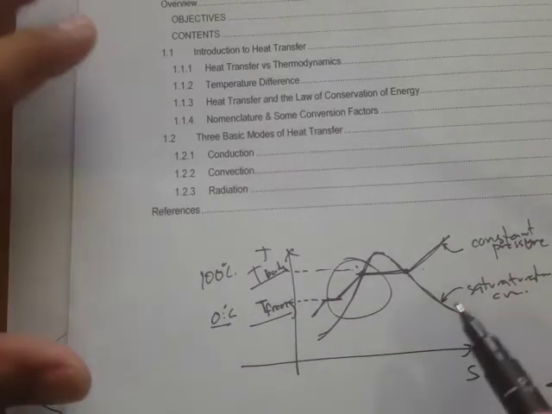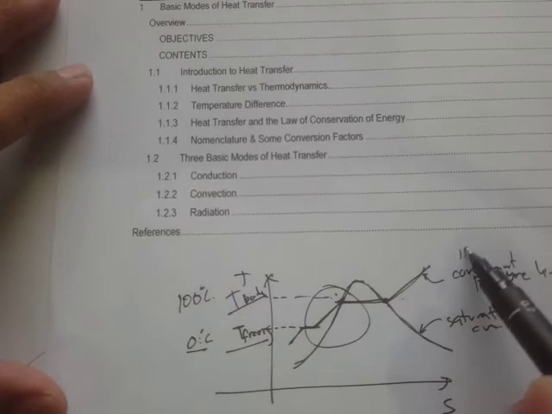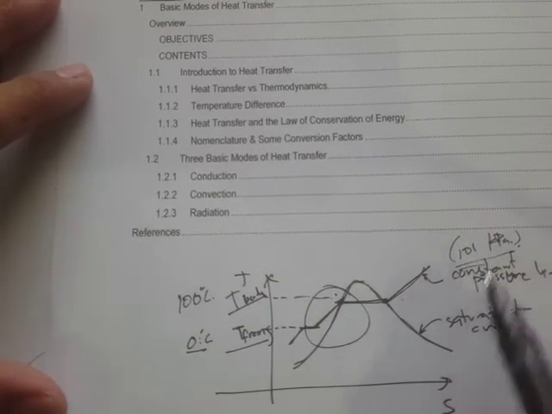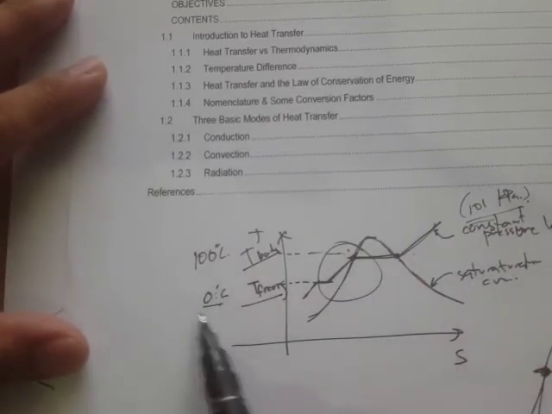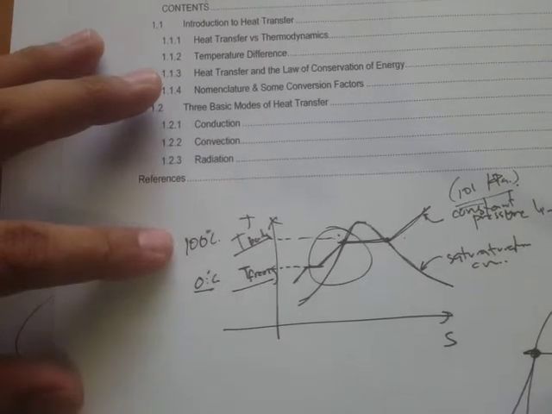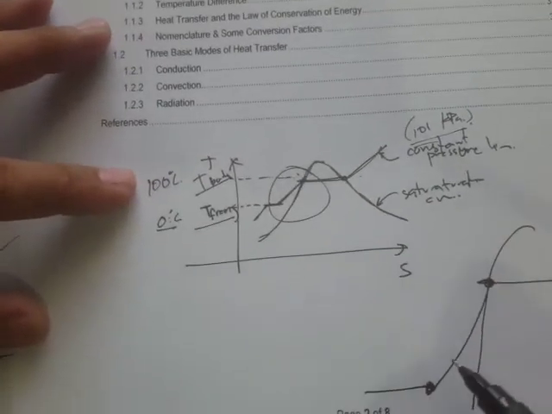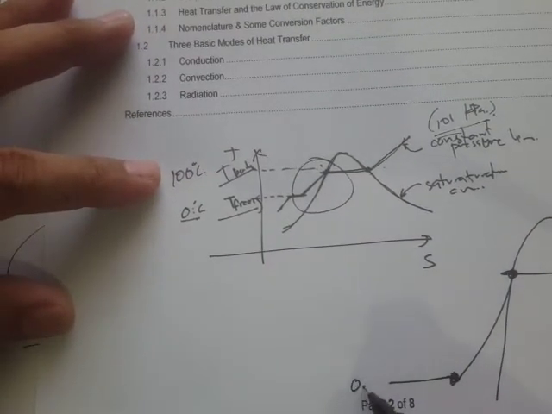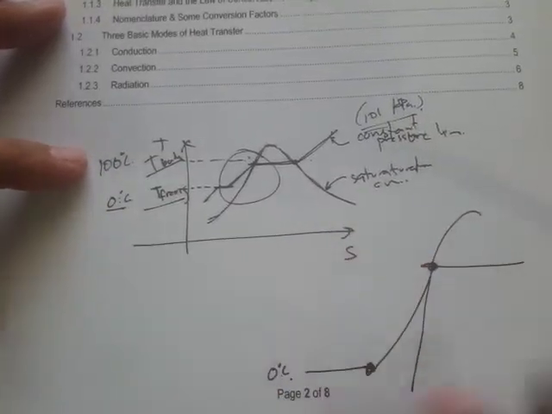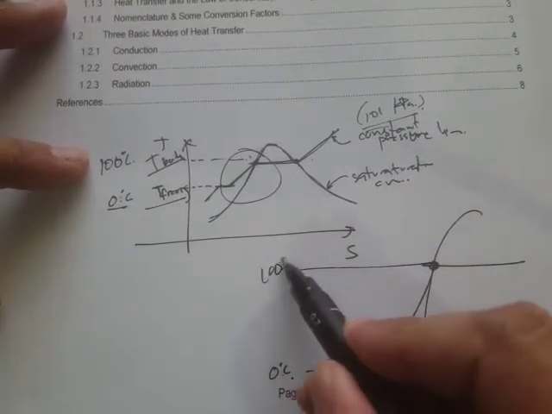Now, for discussion purposes, let's just say this is 101 kPa, atmospheric pressure at sea level. So our freezing point is 0 degrees C, and our boiling point is 100 degrees C.